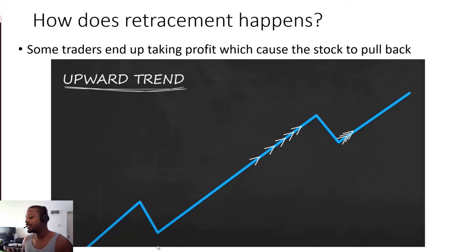Now, as the dip comes in, more traders are still jumping in to try to get some more of that movement, and it tends to propel the stock in a more upward motion. And then some more traders might come in and move the stock up even more, because the traders that got in at this point are beginning to take their profit. And the underlying security is still in an upward trend. So that's how the retracement happens.